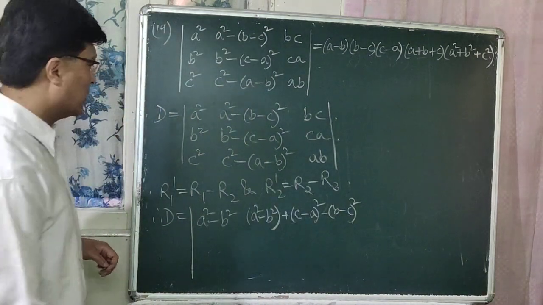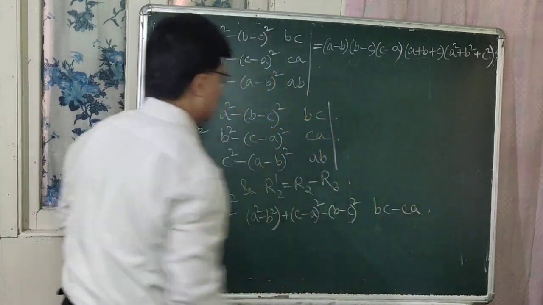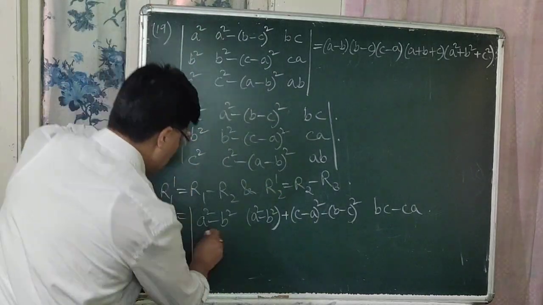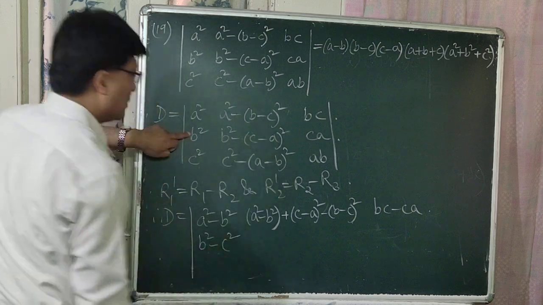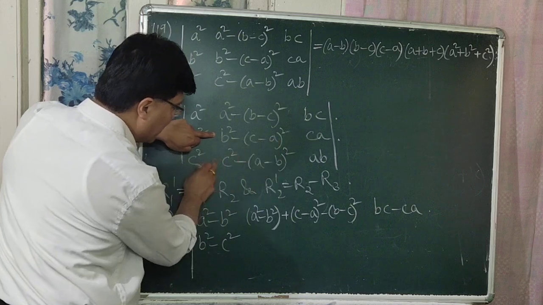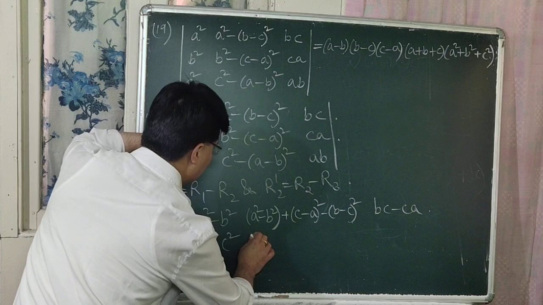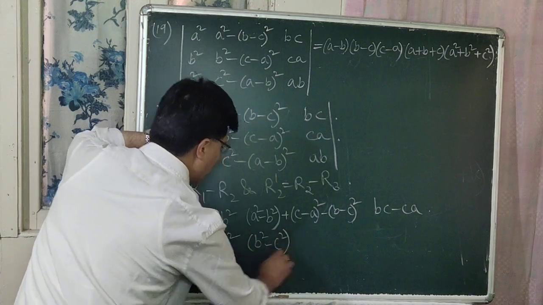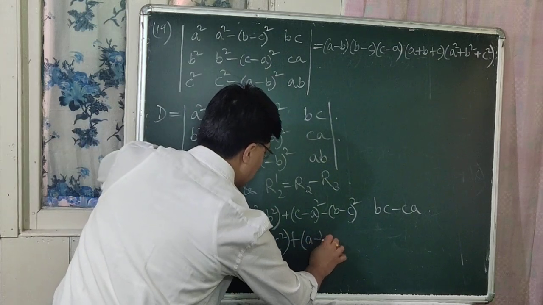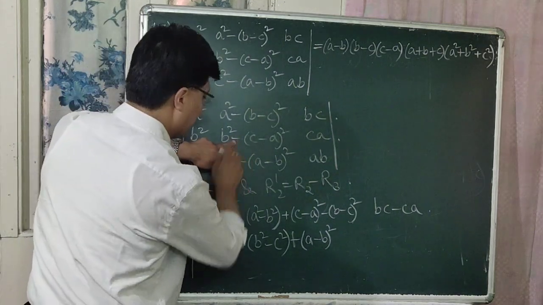Next, bc minus ca. This is the new first row. Next, b square minus c square. Next one, this minus this: b square minus c square, then minus into minus is plus, so you write a minus b whole square, and then minus c minus a whole square.